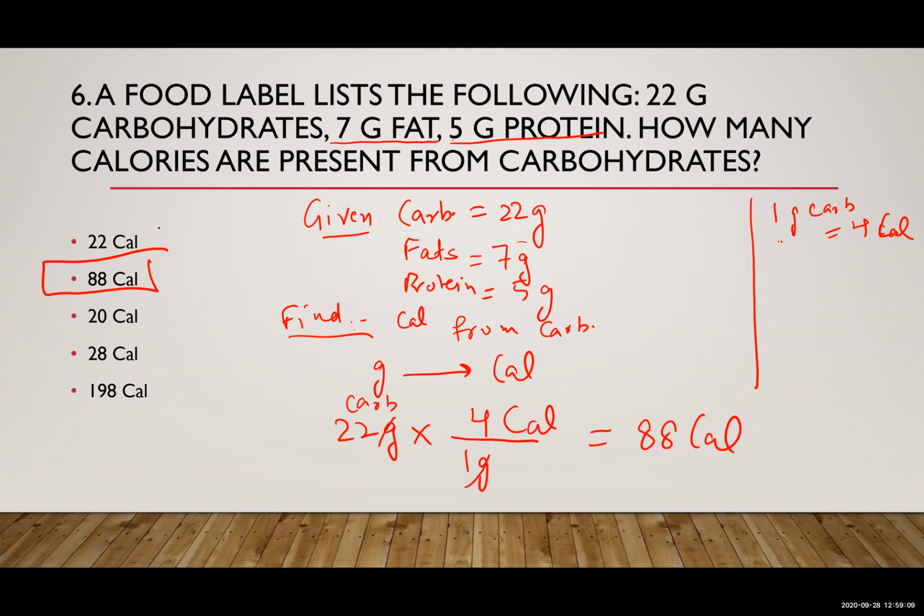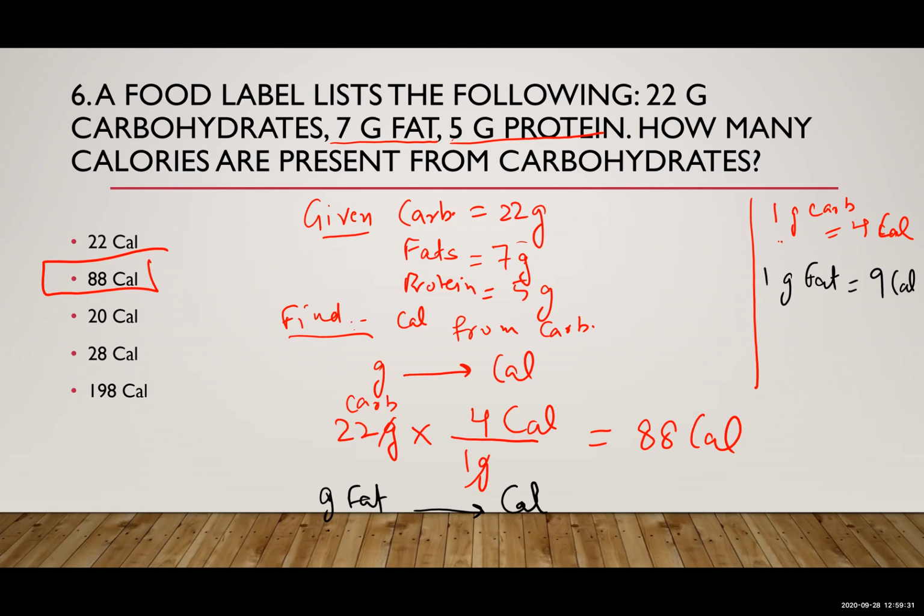And remember, 1 gram of fat gives how many calories? 9. Yes. Is this 63? That is correct. So if you want to calculate calories from fat, grams of fat to calories.